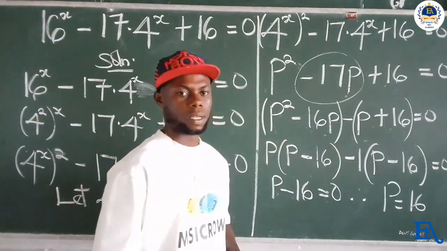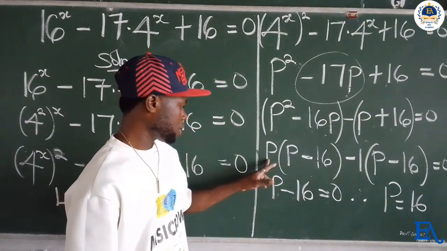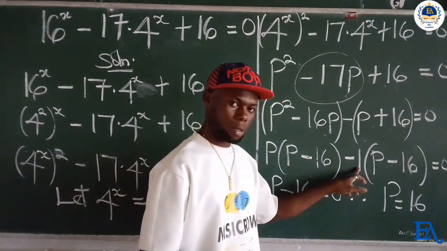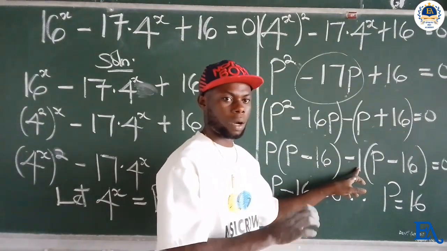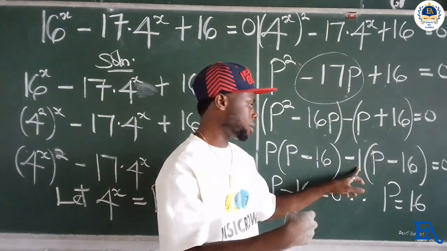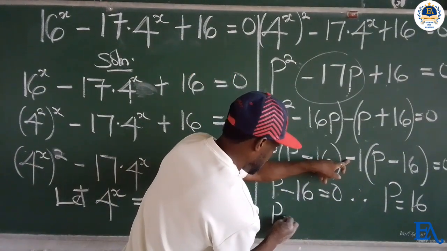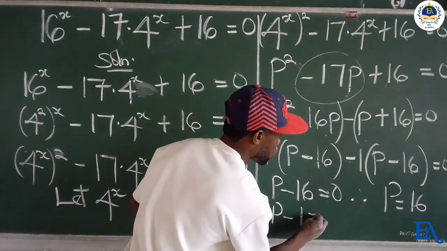Let's look at those terms that are not written in brackets. p minus 1. They are not inside the bracket, they are all outside. So let's bring them outside. p minus 1 is equal to 0.